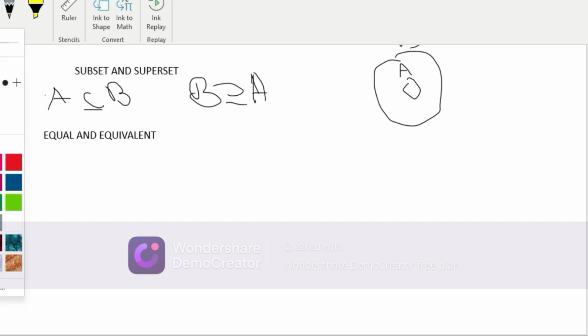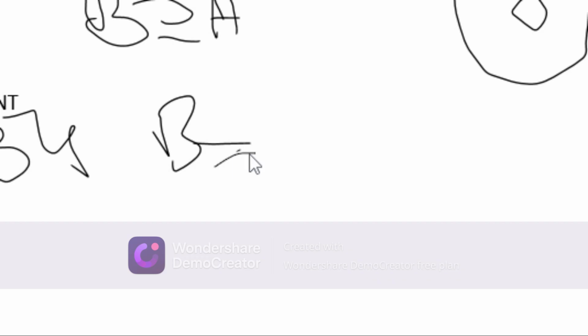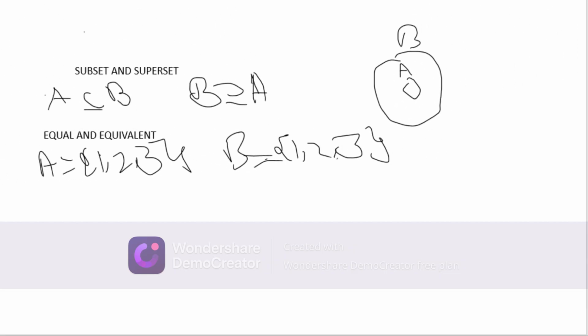So two sets are said to be equal if they contain the same elements, and even the number of elements are the same. For example, A may be containing 1, 2, and 3, and even B is containing the same 1, 2, and 3.